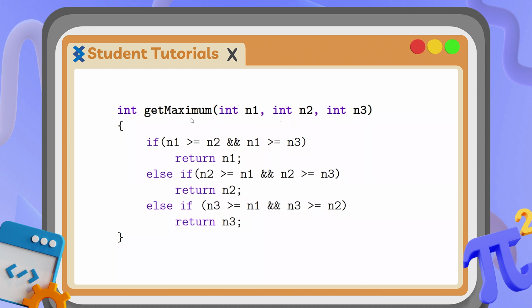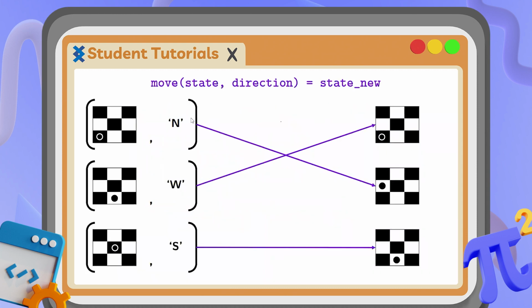Lastly, we also have functions to abstractify certain actions that you would want to do inside your program, which is frequently seen in pseudocode. So if we have a state of some board and a direction where you want a certain piece to move, then it would lead you to a new state or map you to a new state.